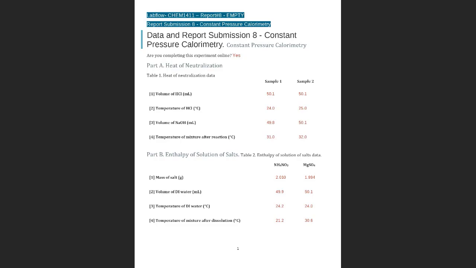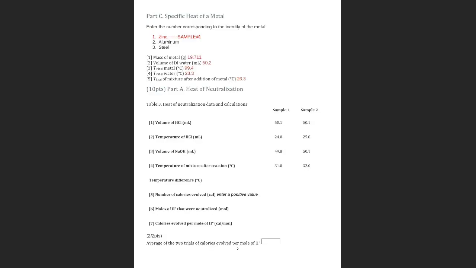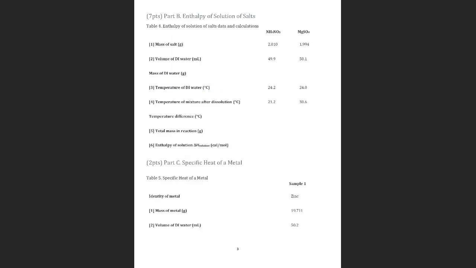So the volume of hydrochloric acid, the temperature of hydrochloric acid, the volume and the temperature, and whatever is in red is given. So they give you the B part, and then when you are going to calculate the specific heat of a metal, they give you everything as well.